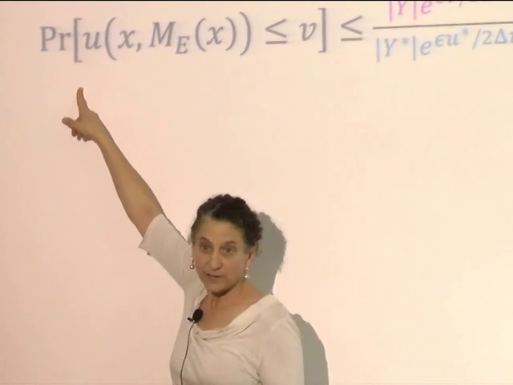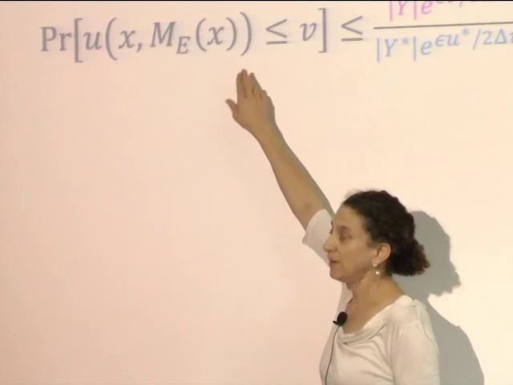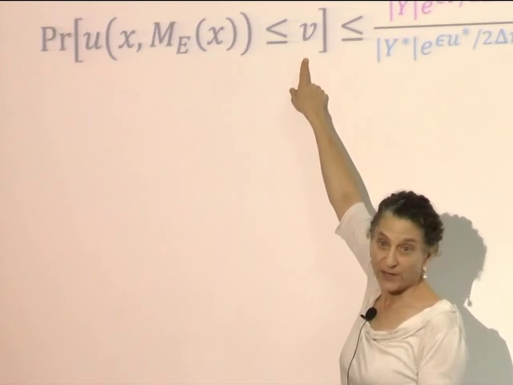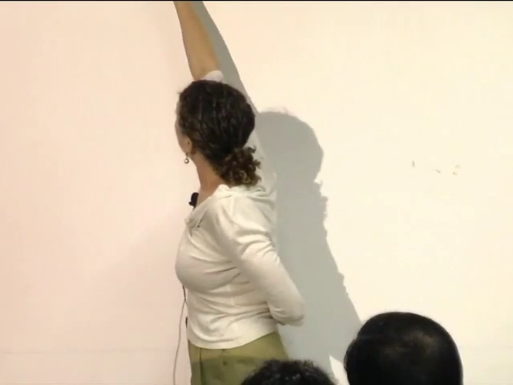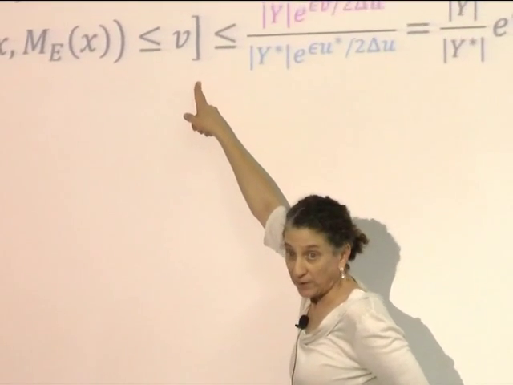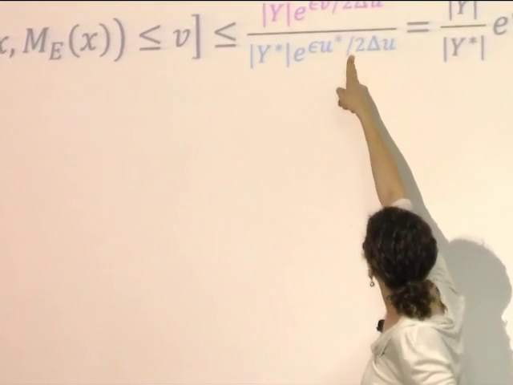What is the probability over those coin flips that this utility is at most v for any particular number v? The claim is, which will have a very simple proof, that this probability, that the utility will be bounded by v, is at most this expression. So let's see why that's true.